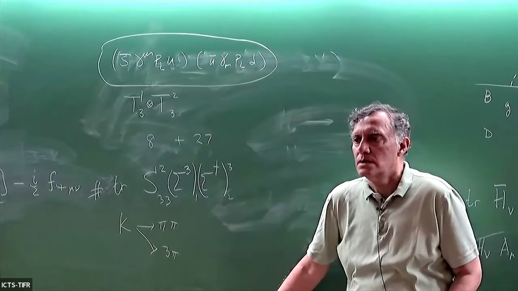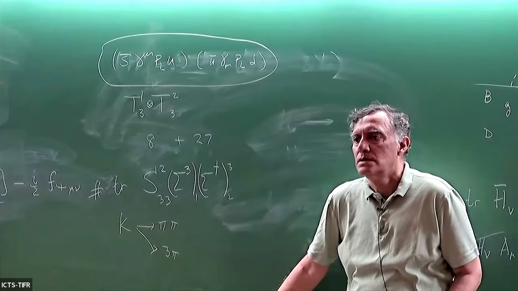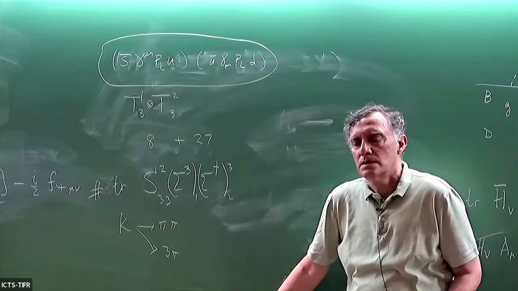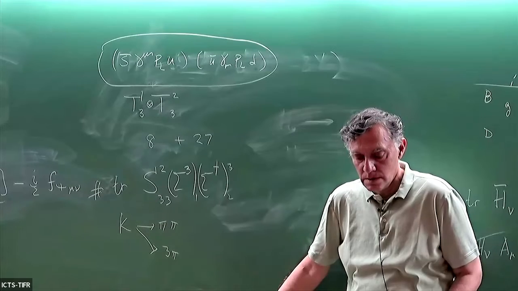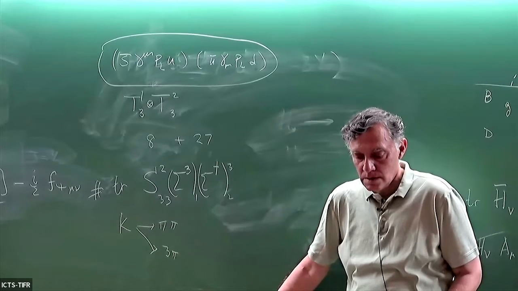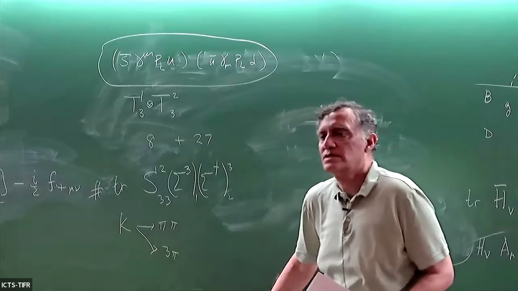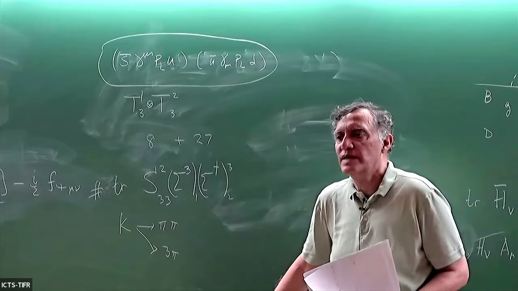Some versions take the quadratic part of L and then fit it with the data, replacing it by pions. Well, that's what they call vacuum saturation, and that's not true, basically.